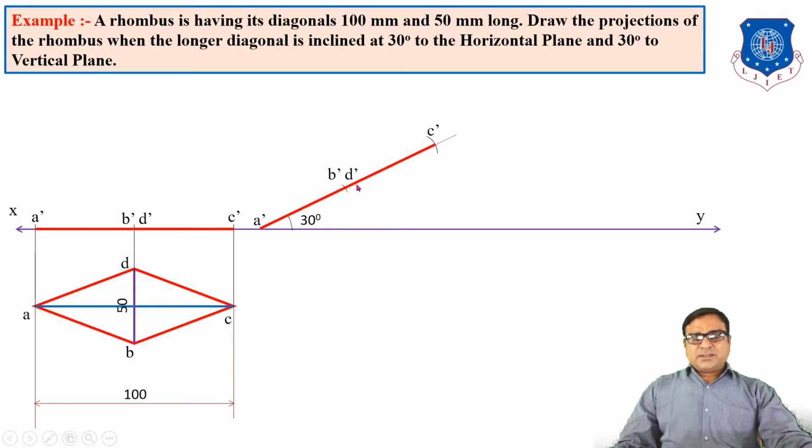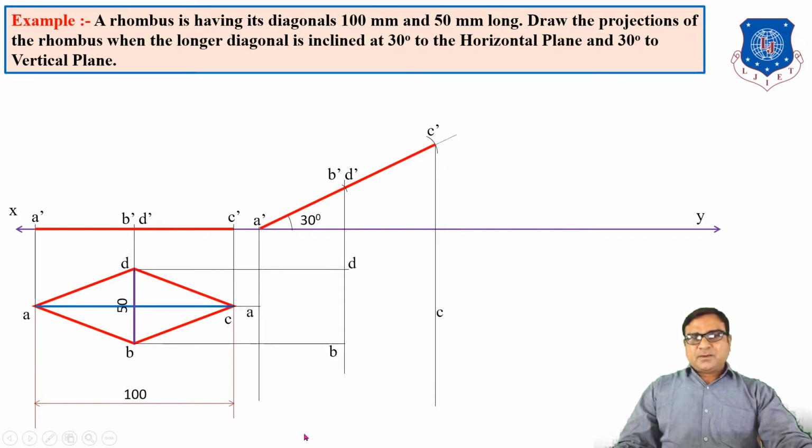So this is the front view, and the surface is inclined to HP and perpendicular to VP. What will be the top view? By taking vertical projections from here and horizontal projections, you will get ABCD. This is the top view.